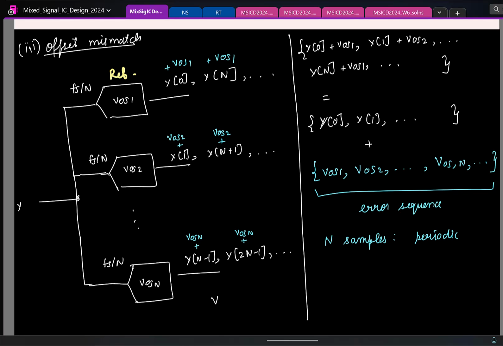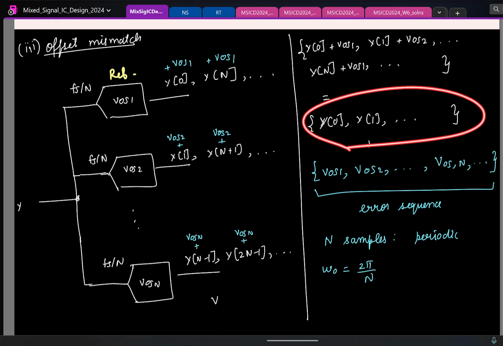At what frequencies? Okay, what is the fundamental frequency here if I call it omega naught? 2 pi by N. Fine. So this is the fundamental frequency. What did Fourier say? You will see the harmonics of this fundamental frequency, right? So in addition to the actual signal, you will see unwanted tones at k times 2 pi by N.